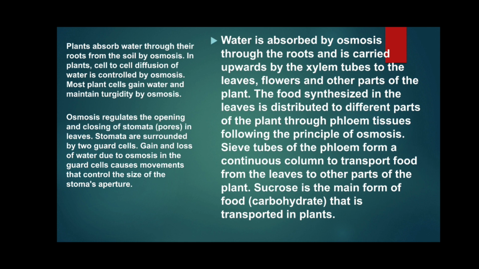And the next one is the water that is absorbed by the roots of the plant. There is also osmosis. Xylem vessels which transport the water to different parts of the plant, there is also osmosis. And food synthesized by the leaves, that is transported by the phloem tissue, there is also involvement of the principle of osmosis.